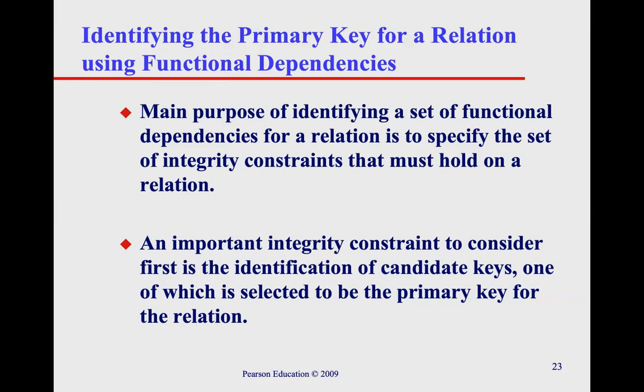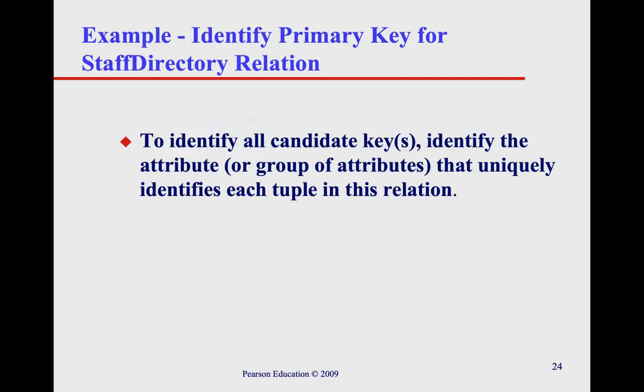And any set of attributes that can do that becomes a candidate key. So it's really the same idea as what you had for entity relationship modeling: any minimal set of attributes that uniquely determine tuples in a relation become a candidate key, and one of those will become the primary key.